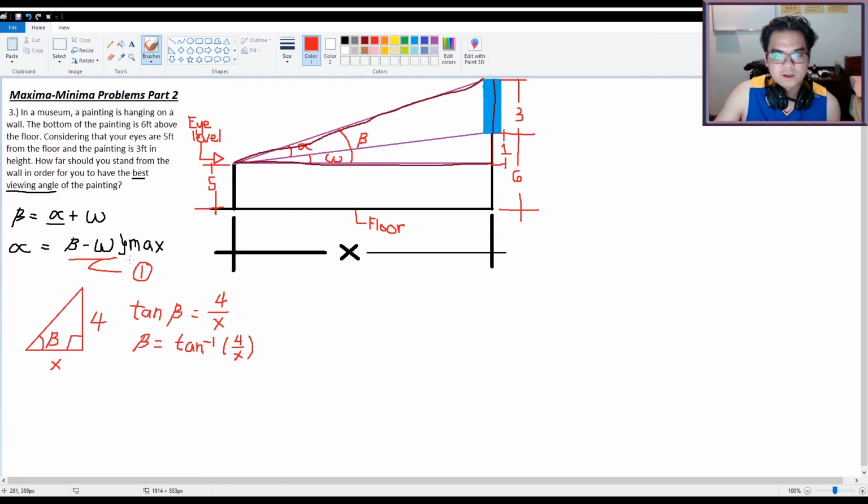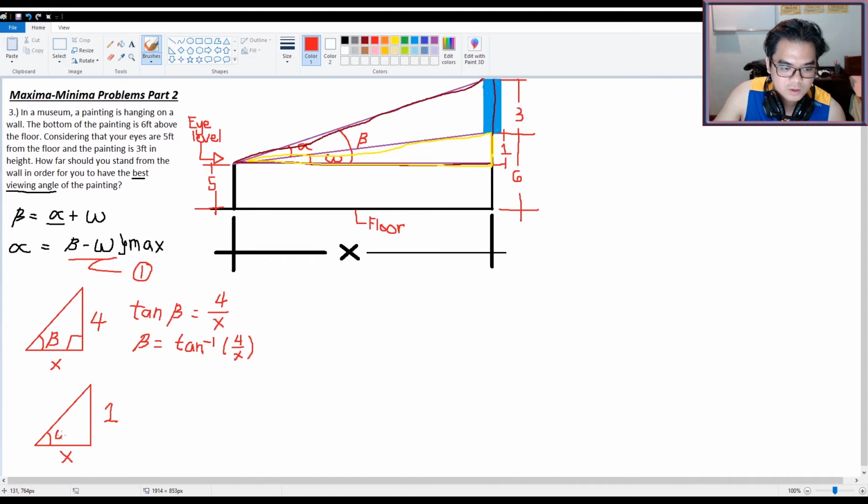Now, for the omega, all we have to do is consider this triangle. Let's rotate it horizontal. Therefore, that's 1 and the base is x. What is this angle?